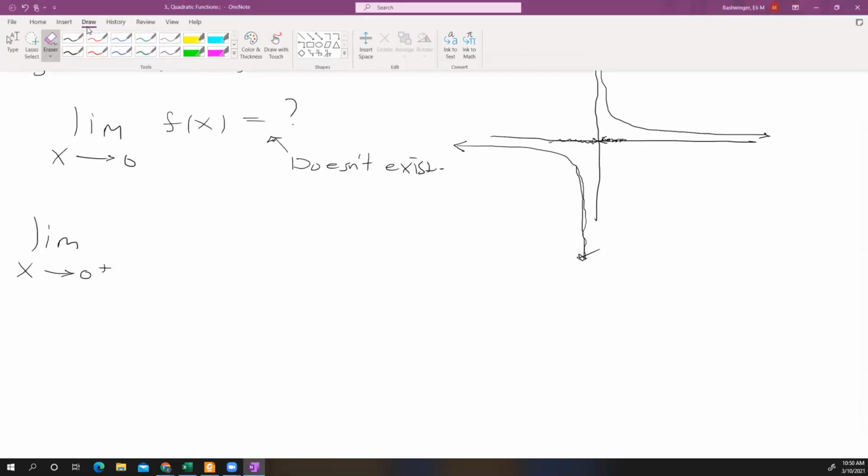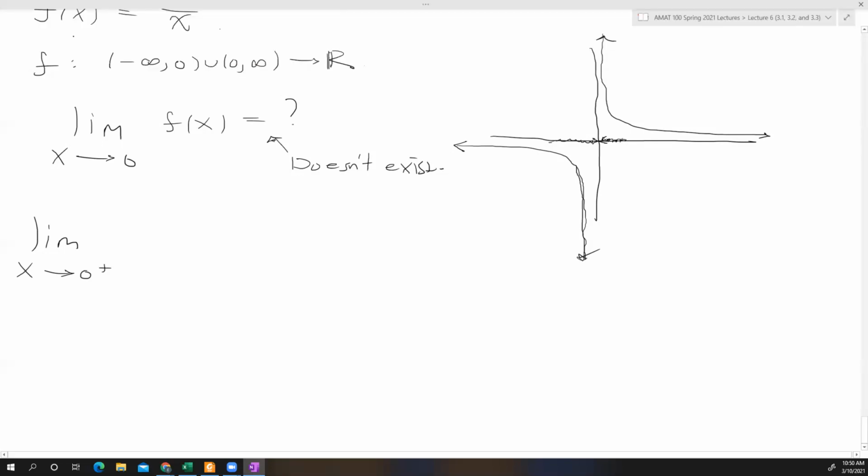The limit of 1 over x as x approaches zero from the right is infinity. And the limit of 1 over x as x approaches zero from the left is negative infinity. These are the types of limits you can approach.